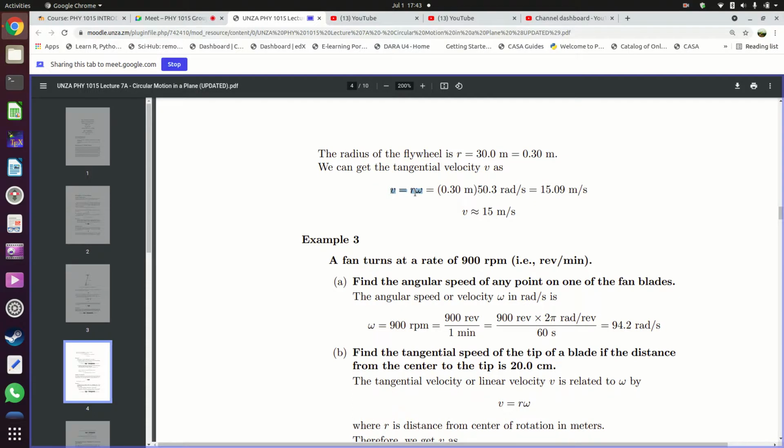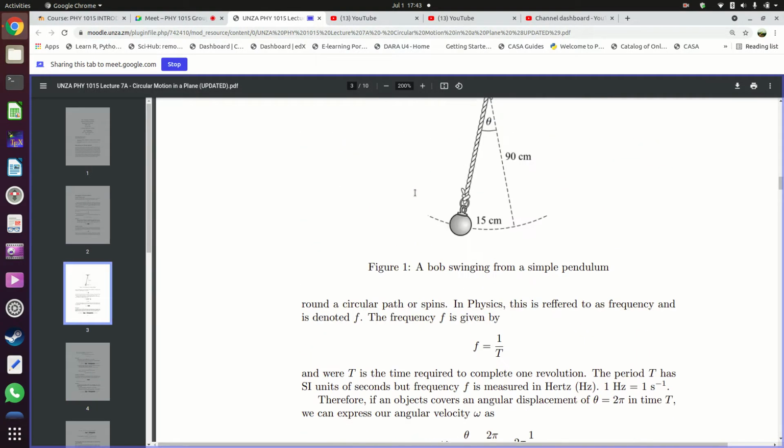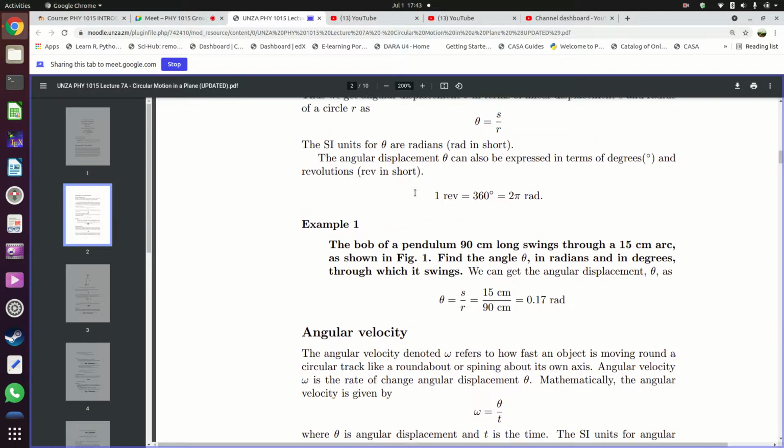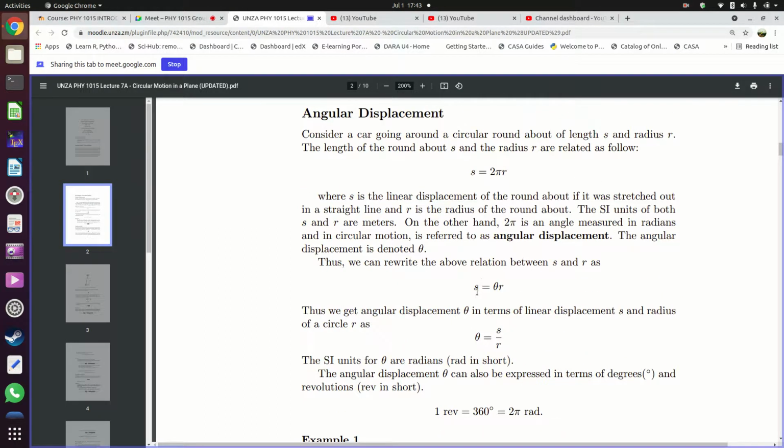If you look at what we started with up here, s equals theta multiplied by r. If you divide both sides by t, on this side you end up with s divided by t, which gives you the velocity. On the other side you end up with theta r divided by t, which is theta divided by t times r, and theta divided by t is just omega.